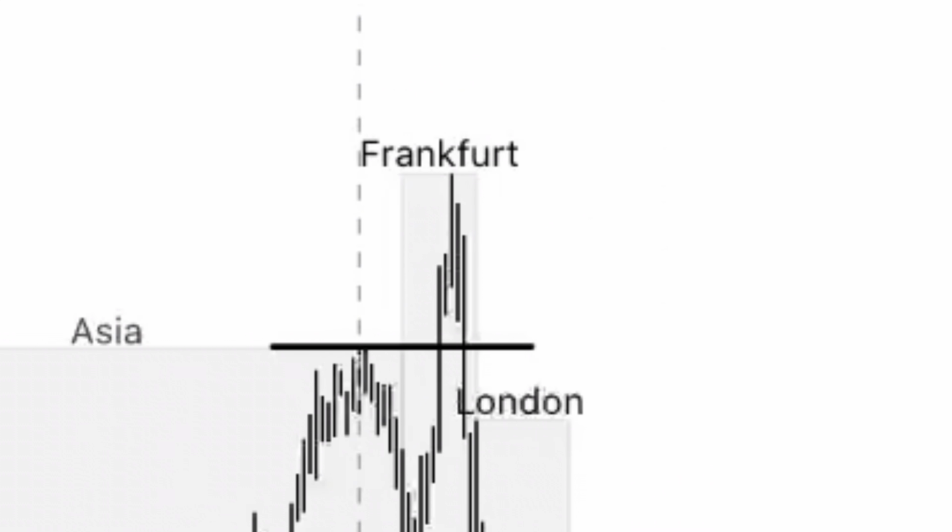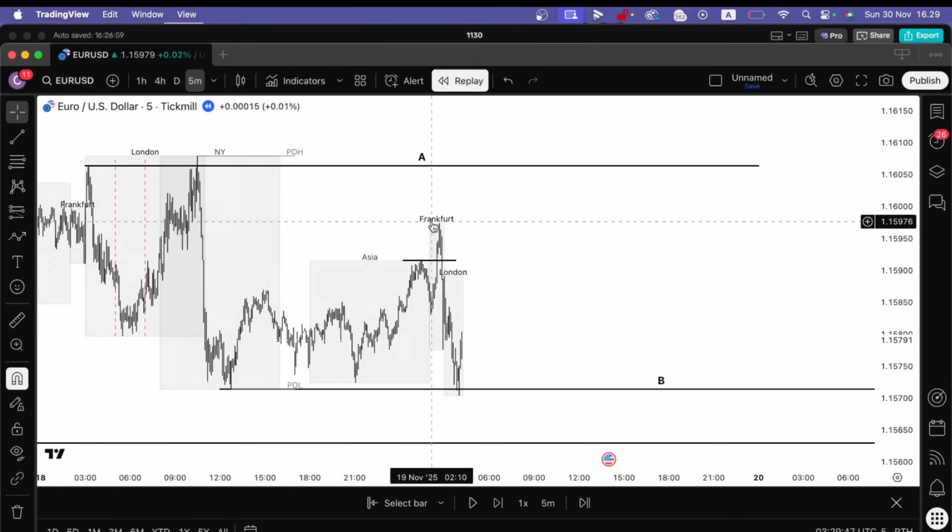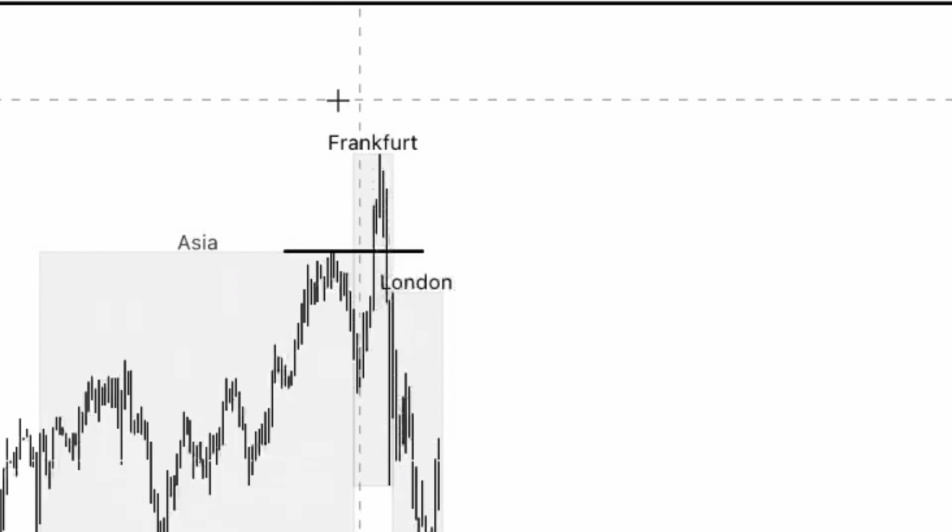It just delivered at a slightly different time, and that's fine. I wanted this move to play out during London, but it happened during Frankfurt session. We wanted to see our manipulation, and it happened, but during another session. So that's okay.